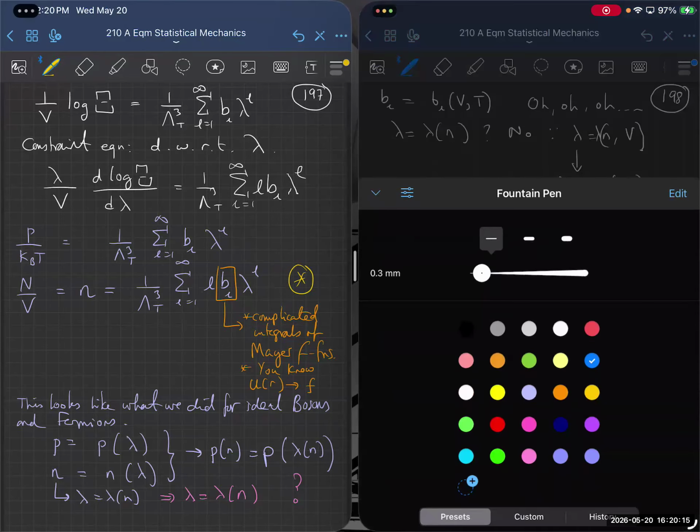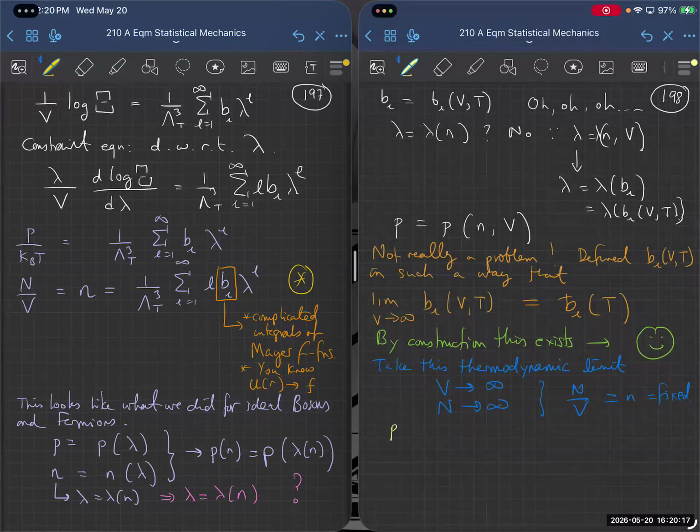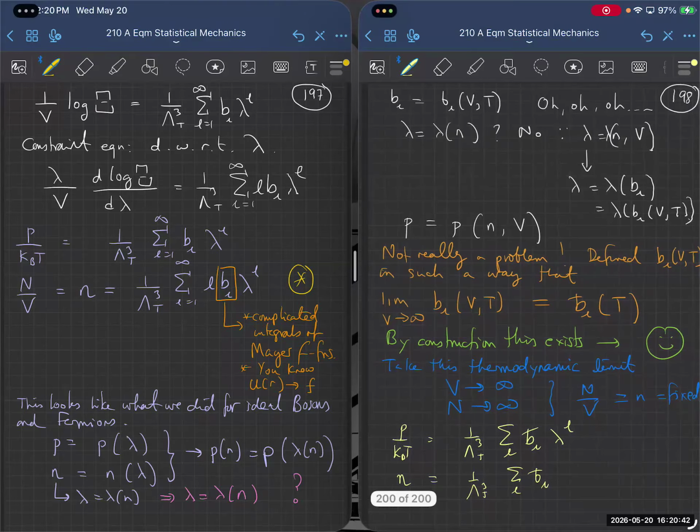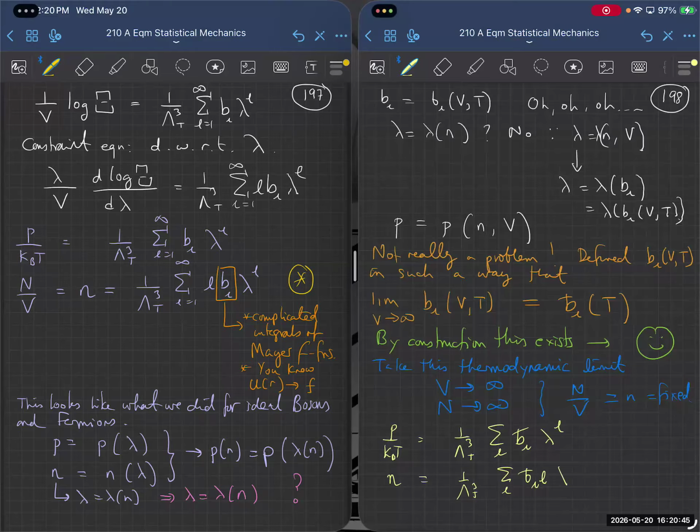Then what I have is that P over k_B T is equal to 1 over the thermal de Broglie wavelength cubed, the sum over L of b_L lambda to the L, and n, which is N over V, is 1 over lambda cubed, the sum over L of L times b_L lambda to the L. So that's great.